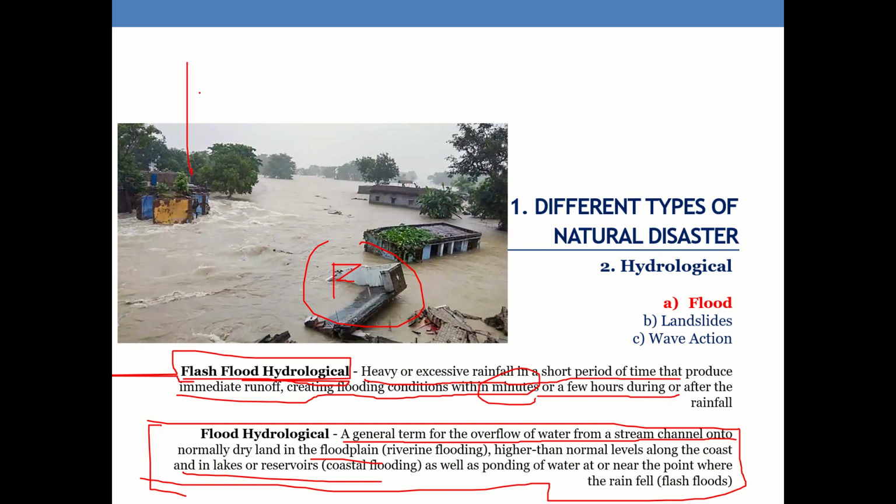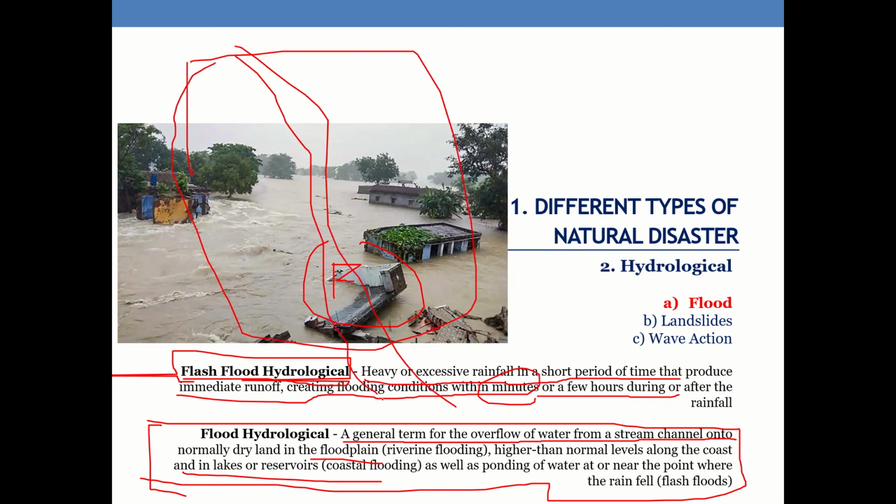So, for example, let us say we have a city and we have a stream or a river passing through, and there is a carrying capacity of this particular river. If the volume and the discharge exceed the carrying capacity of this stream or river, it will of course overflow into the habitable areas.